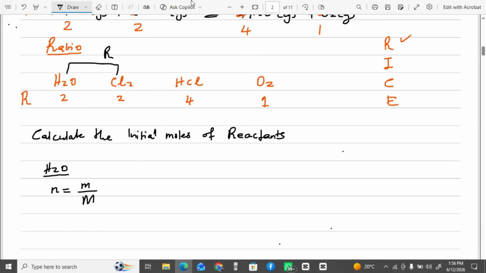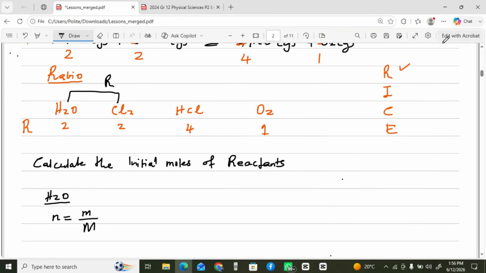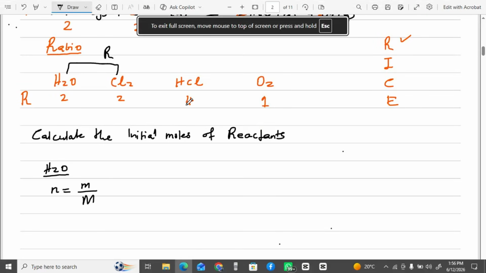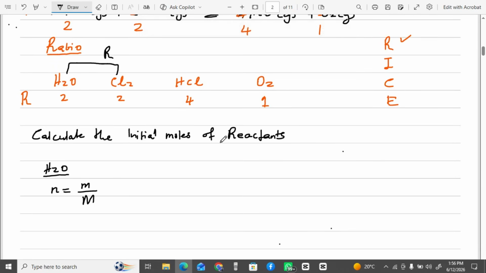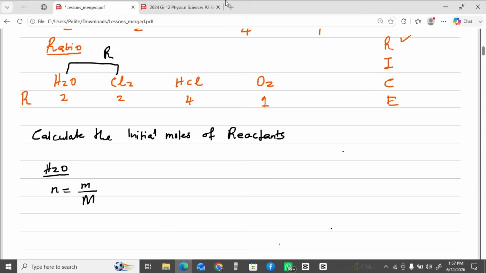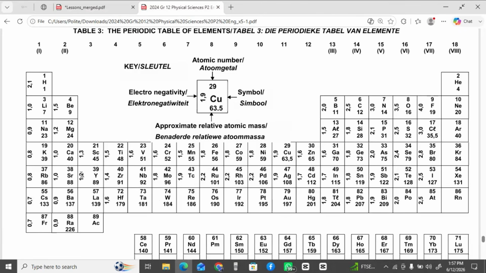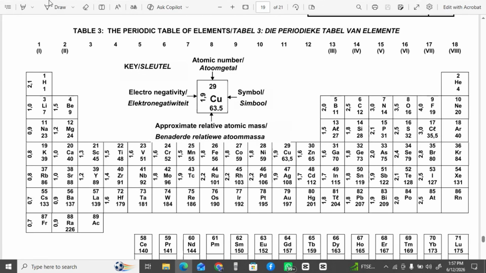Okay, so now I need to find the molar mass of this. I'll go to my periodic table and look at the molar mass for H.